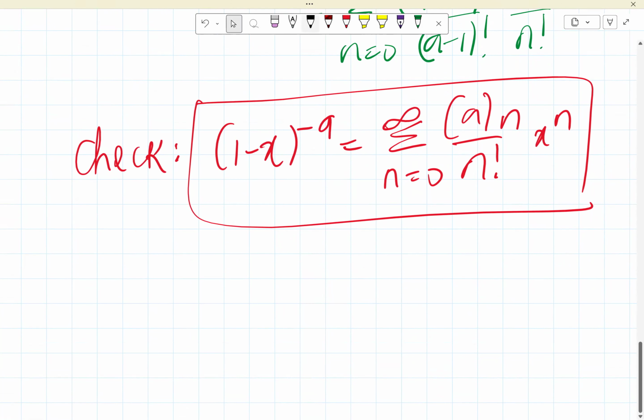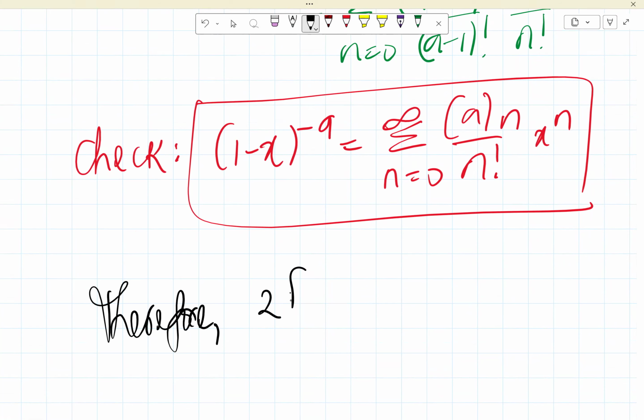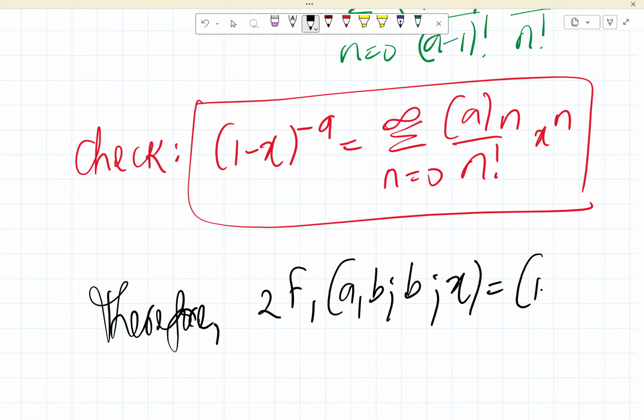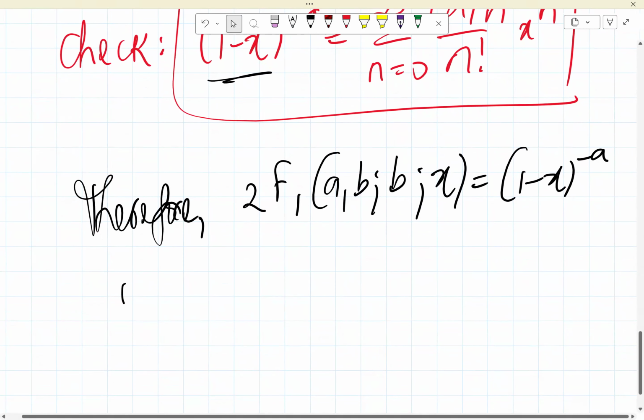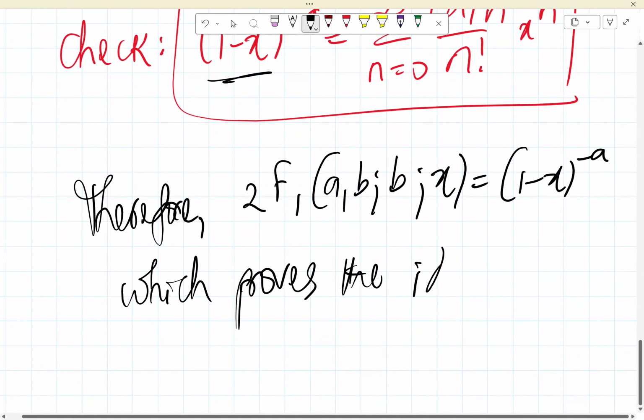Therefore 2F1(a, b; b; x) can then be said to be (1 minus x) raised to power minus a. You can just expand this and see that it is related with this. So this proves the identity.